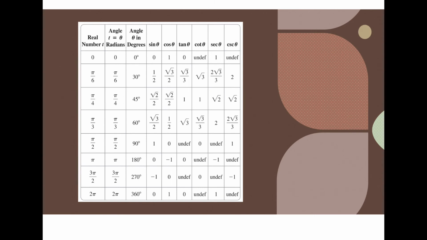The same ones that had the reciprocals were 0. So like for pi, sine was 0 and tangent was 0. So their reciprocals, cotangent and cosecant, are the two that are undefined. Pi, remember, is 180.